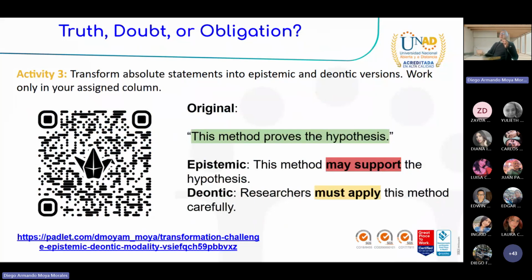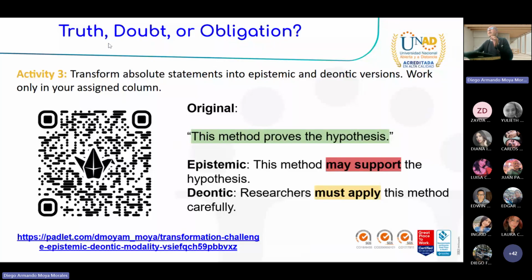This is another collaborative task, so you can work together. I hope this one works. I'm not sure why the previous one didn't work. But this is basically another task. Let me share the link, or you can scan the QR code. But it's basically a Padlet activity.